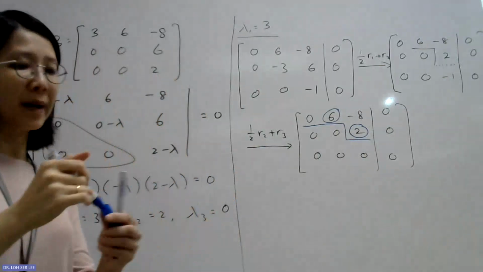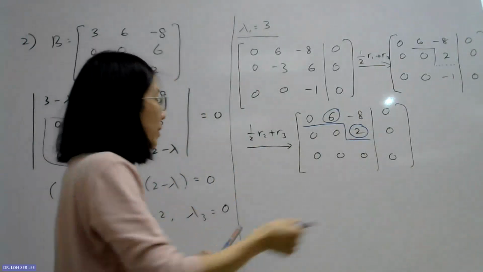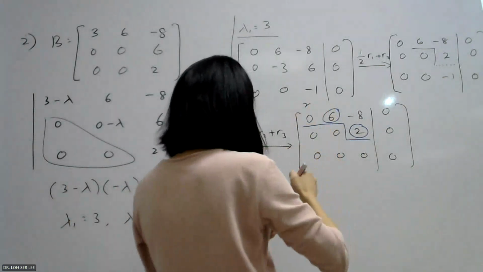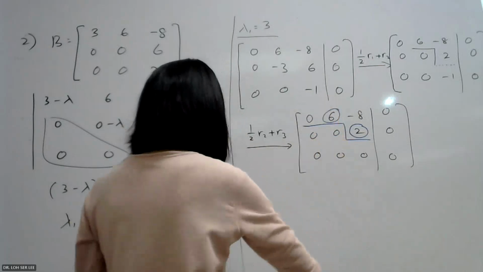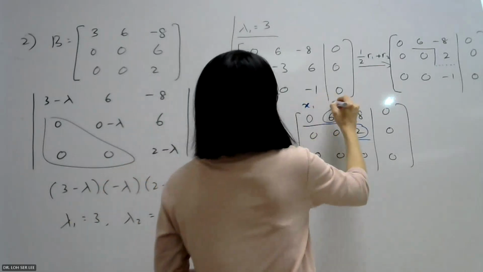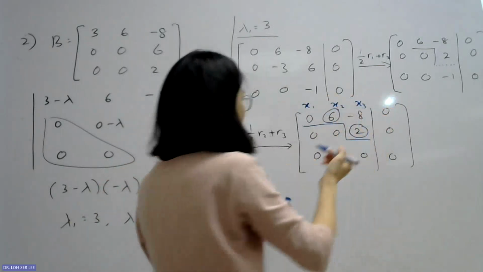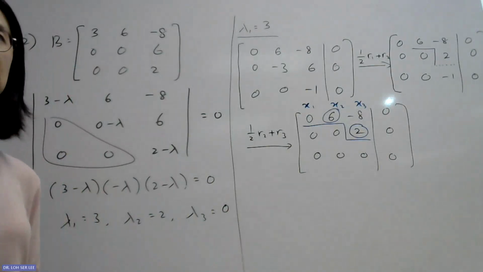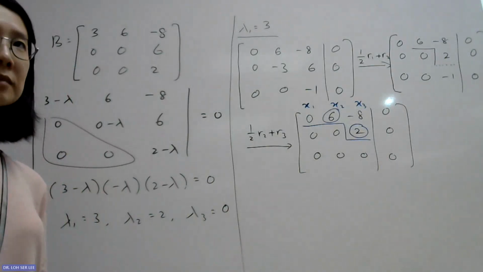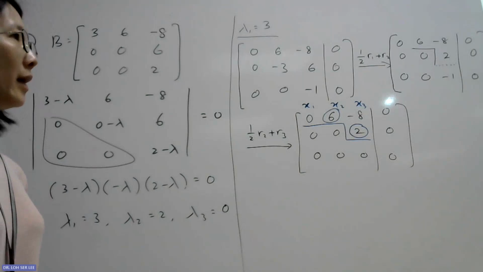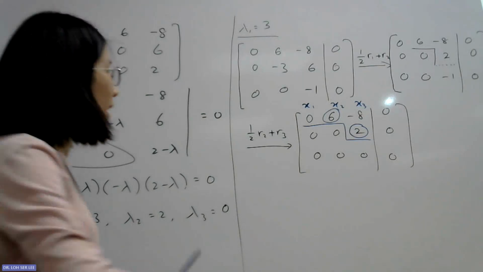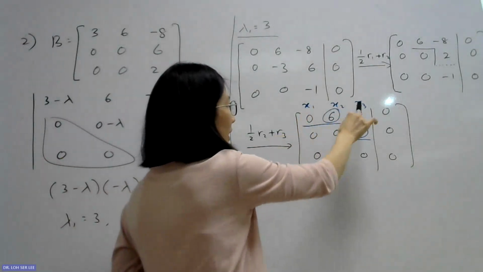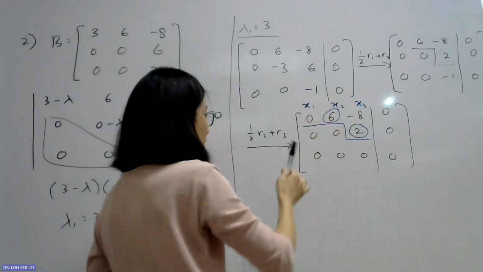One row has only one pivot. So which one is free? X1 is free. X2 has a pivot here. X3 has a pivot here. X1 is free.